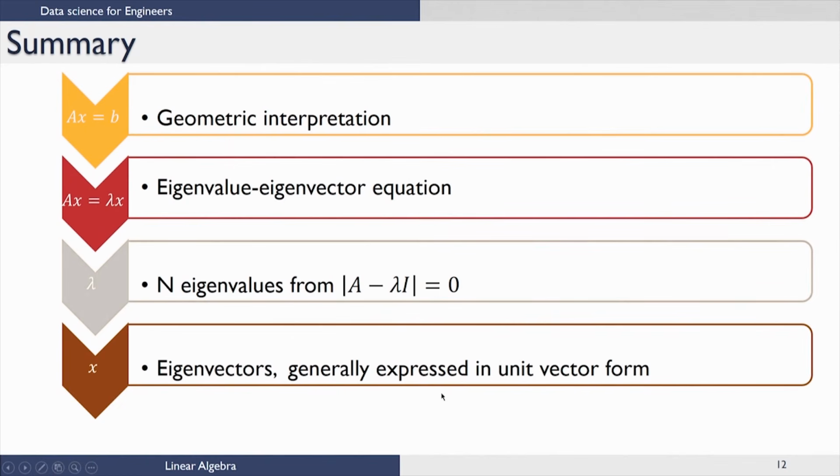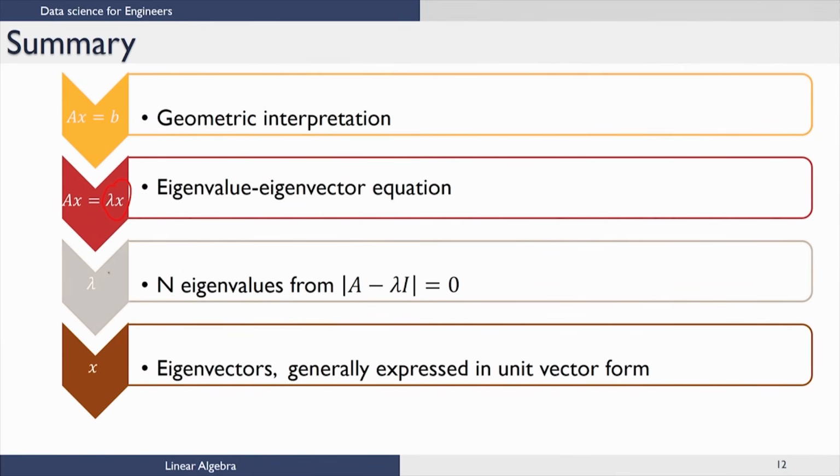So in summary, for the eigenvalue eigenvector portion of this lecture, we started with Ax equal to b, which has a geometric interpretation of A operating on x giving a new vector b. Now if we force this b to be lambda x, some scalar multiple of x itself, where the scalar multiple could be either positive or negative, we get the eigenvalue eigenvector equation.